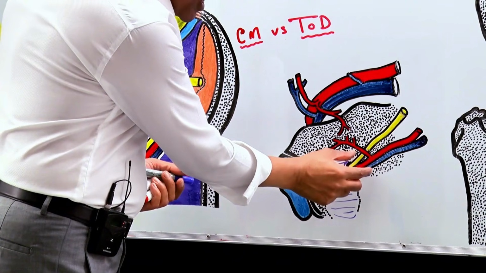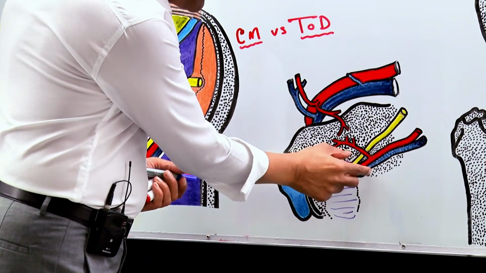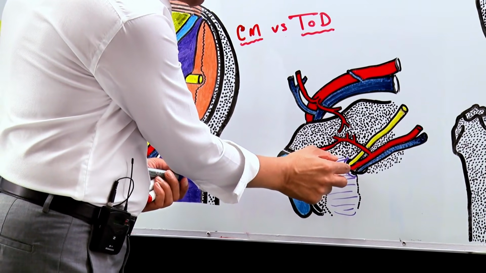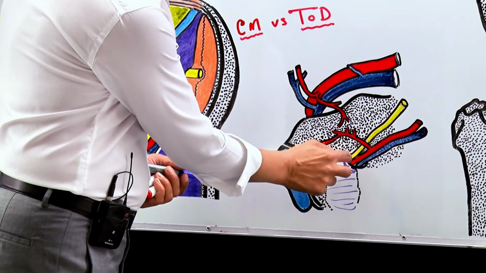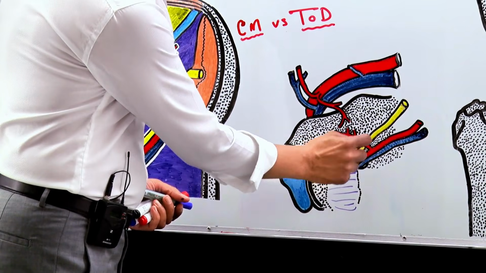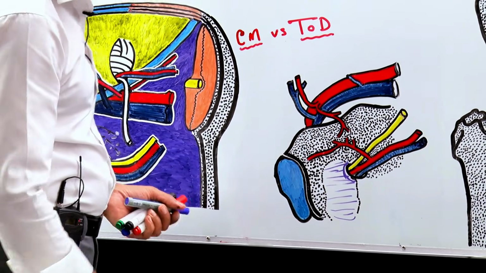Obturator fascia. Obturator fascia is covering the neurovascular bundle near this foramen and making a canal so that it protects this neurovascular bundle and directs it properly at its exit point.